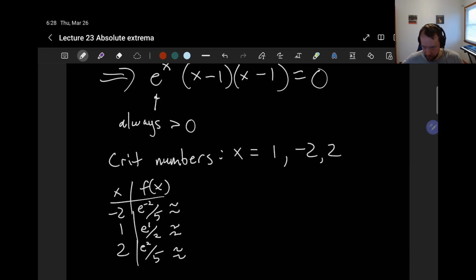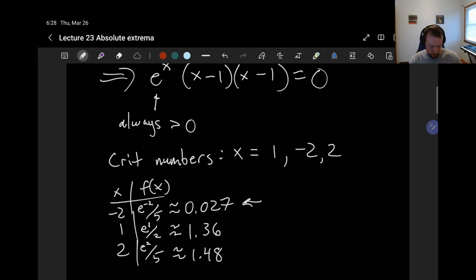Well, this top one will definitely be the smallest one because of that negative exponent. But I'll go ahead and tell you the number. It's what I got. About 0.027. When you plug in 1, I got roughly 1.36. And I got roughly 1.48 when I plugged in 2 for x.